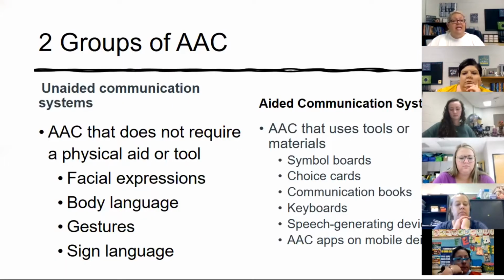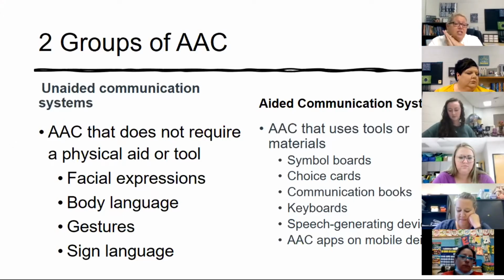So AAC can be categorized in two ways: unaided communication systems and aided communication systems. Unaided communication systems are facial expressions, body language, gestures, sign language. It doesn't require a physical aid or tool. Then there are aided communication systems.